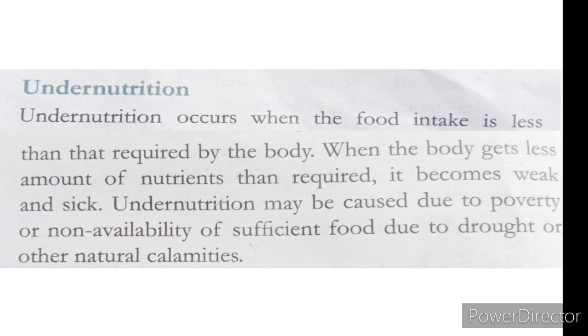Undernutrition may be caused due to poverty or non-availability of sufficient food due to drought or other natural calamities. It means a deficiency caused by insufficient nutrients and food because of drought or other natural calamities.